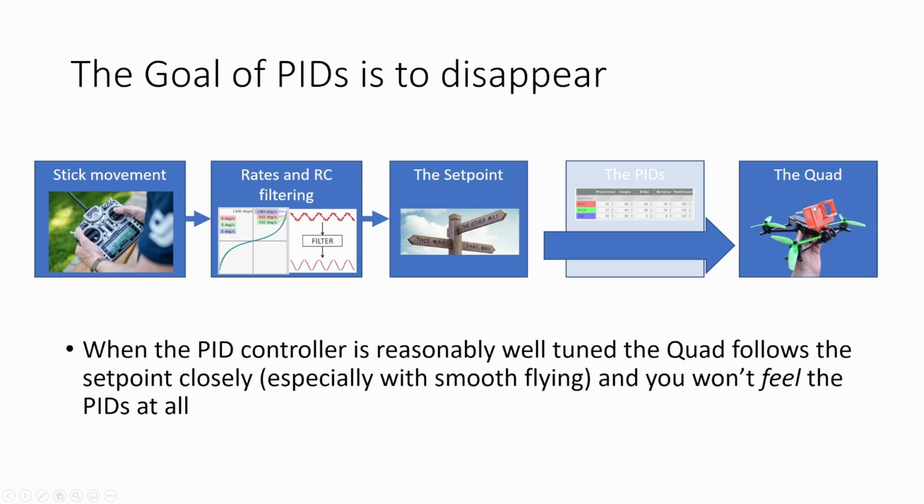It's going to follow the set point closely, especially if you're flying relatively smoothly and not doing a lot of aggressive moves. And in this case, you're not really going to feel the effect of the PIDs at all, because you're really feeling the effect of the rates and RC filtering that you have applied, because the quad is doing what the set point is telling it to do.